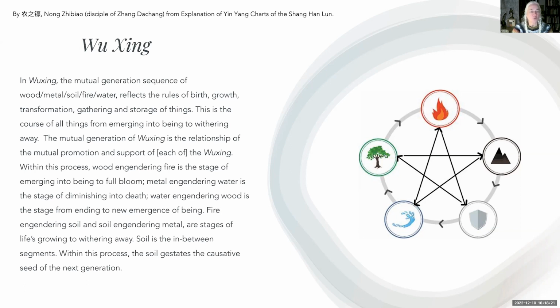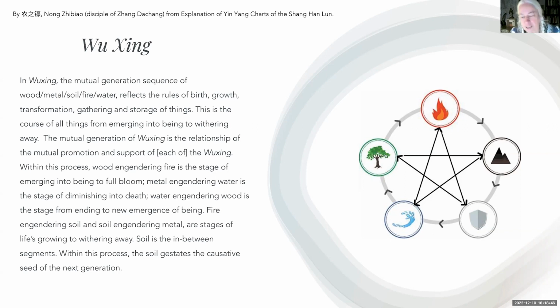Water engendering wood is the stage from ending to new emergence of being. Fire engendering soil and soil engendering metal are stages of life's growing and withering away. Soil is the in-between segments within this process. The soil gestates the causative seed of the next generation.